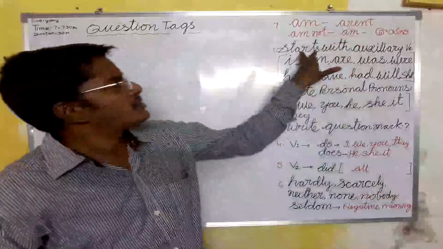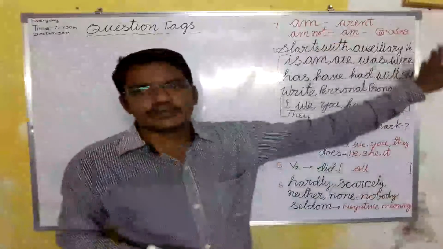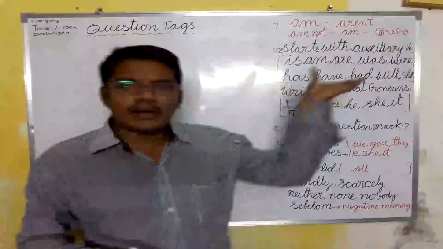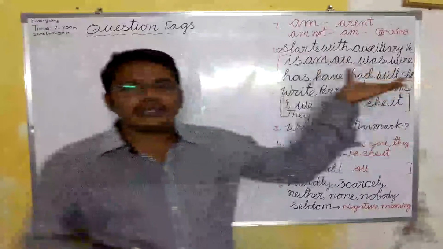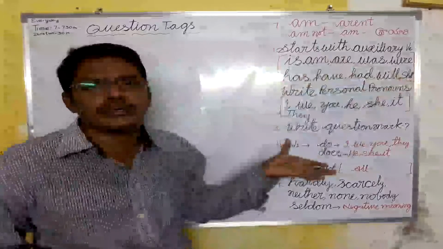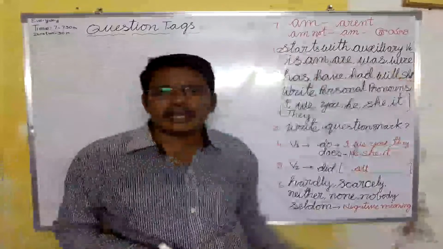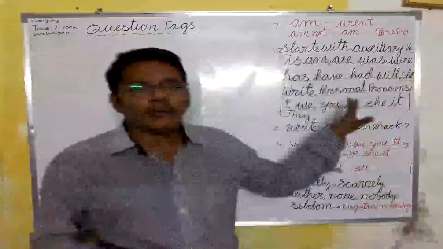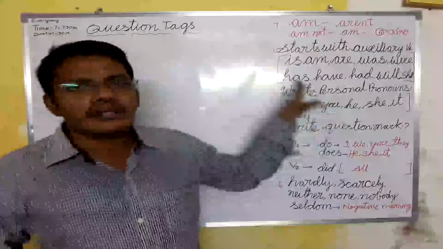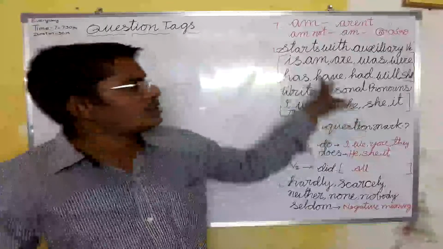See, the first one starts with auxiliary verbs. అంటే వాడు ఒక సెంటెన్స్ ఇస్తాడు, దాని క్వశ్చన్ ట్యాగ్స్ రాసే ముందు మనము auxiliary verb తో స్టార్ట్ చేయాలి. What is an auxiliary verb? That is called a helping verb.